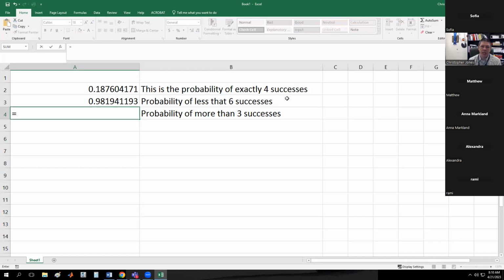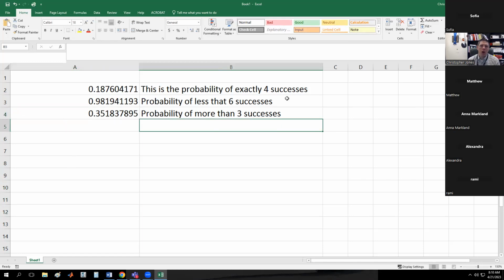So I would say equal 1 minus binom dist, 3, comma 15, comma 0.2, and then still true. So folks, the only time that you use false is if you're using exact. Every other time you're just going to use true. If I go ahead and execute that, I just get 35%. And by the way, when I'm done, I'll switch back to the commands so that way folks can see them.